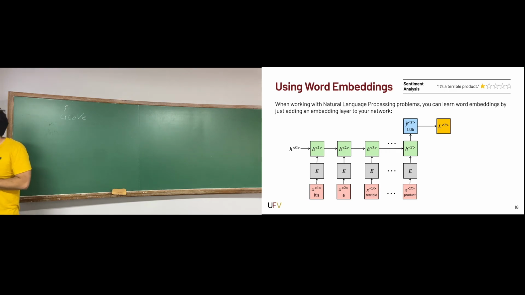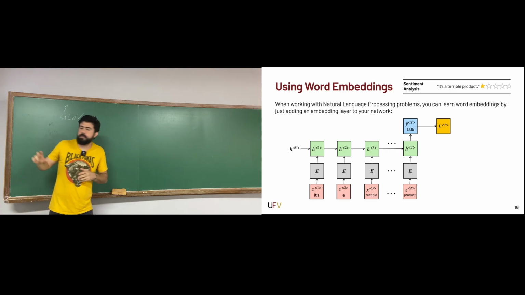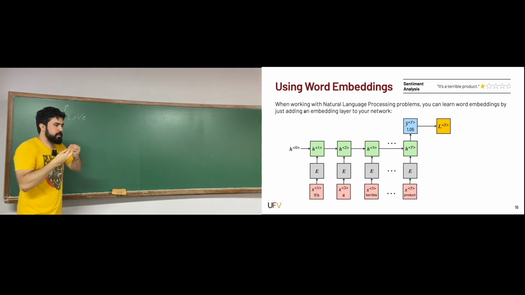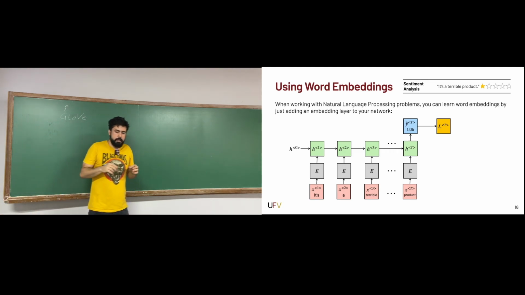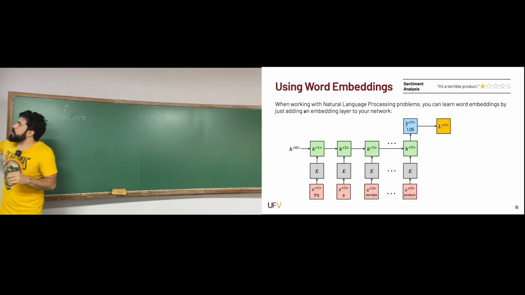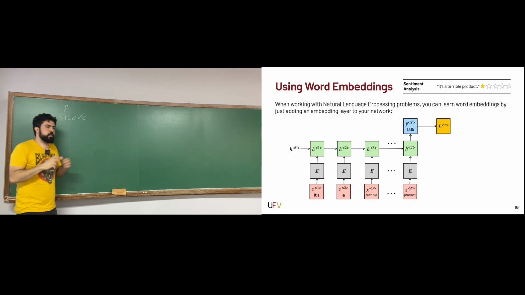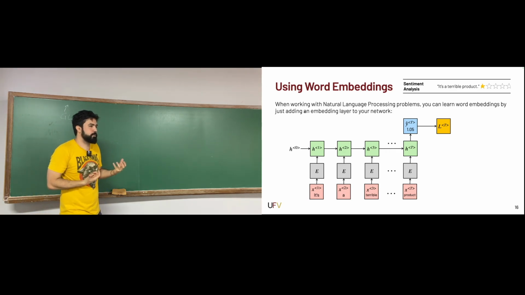In my case, it would be notes or music events. So I still use these embeddings. I didn't do an analysis to understand what exactly the embeddings were doing, but they tend to help minimize the loss. Okay? Because at the end of the day, they'll learn better representations for your inputs.